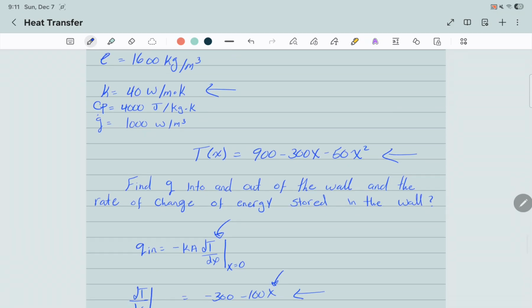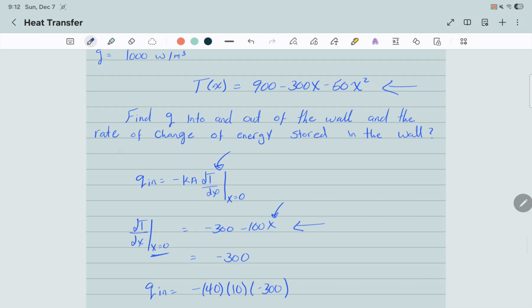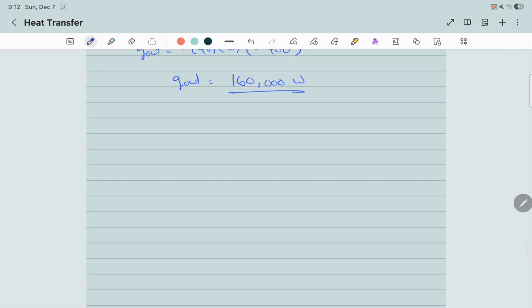Let's solve the second part of the question, which is the rate of change of energy stored in the wall, which can be solved using the energy balance covered in chapter 1: energy entering minus energy leaving plus energy generated equals energy stored.